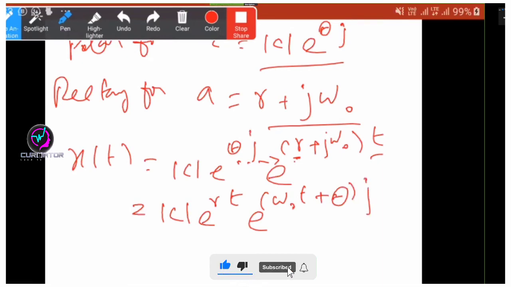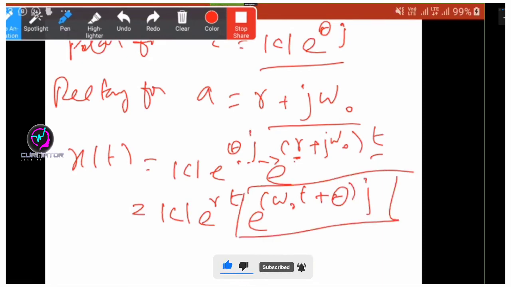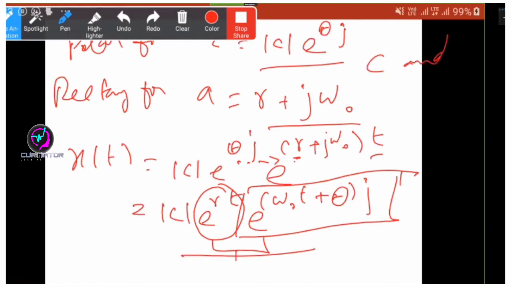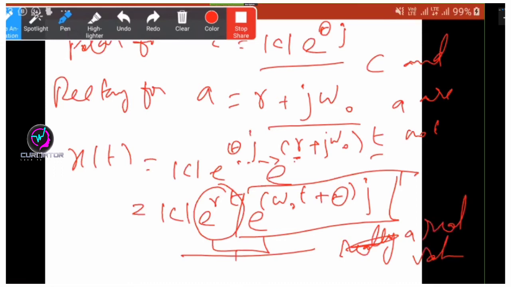So this is the sinusoidal term, and this is the exponential part. So by having this relationship, we can plot a graph of this function, as this condition occurs only if c and a are not real values. If these two are complex values, then we will have this relationship.